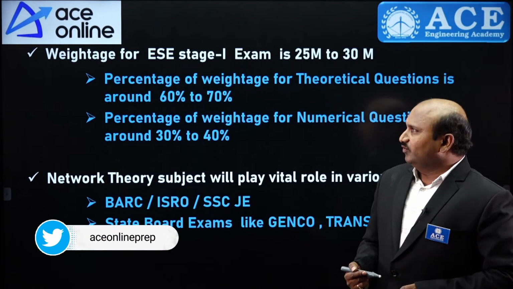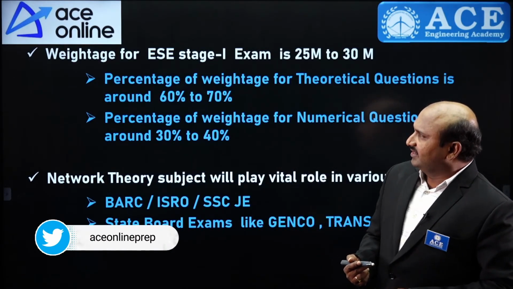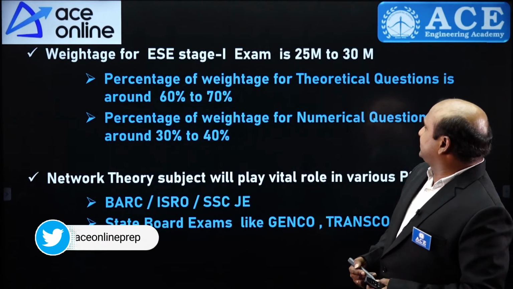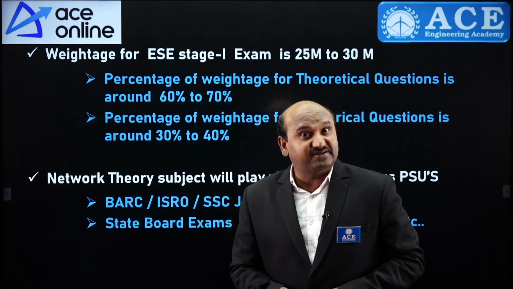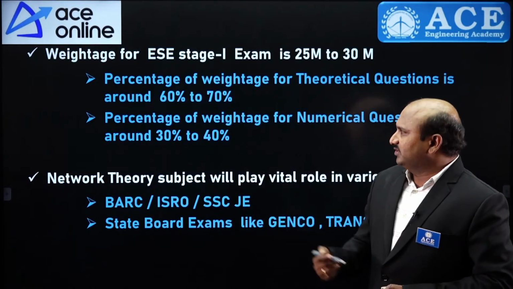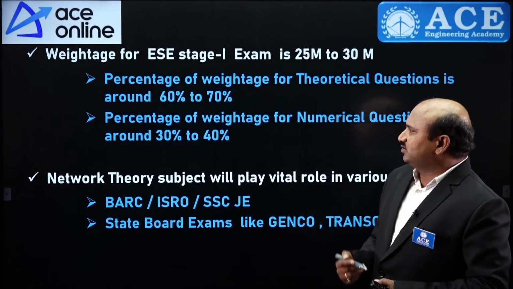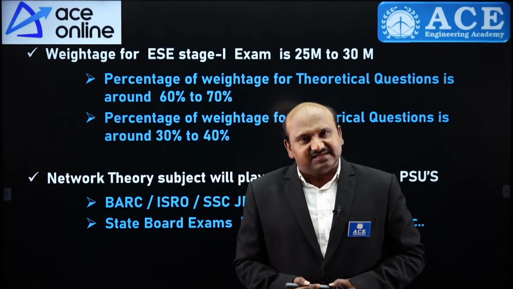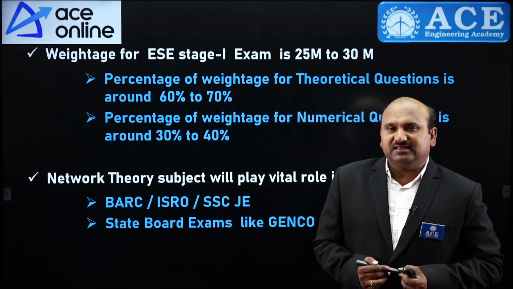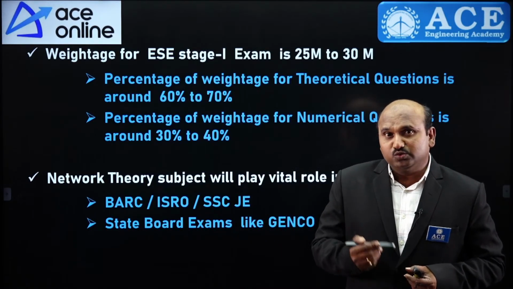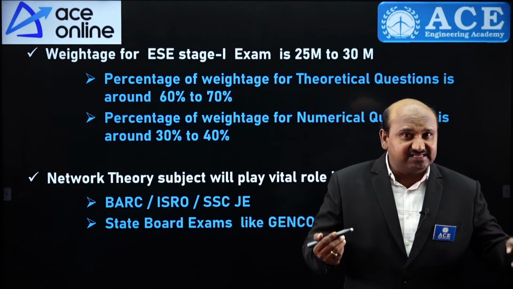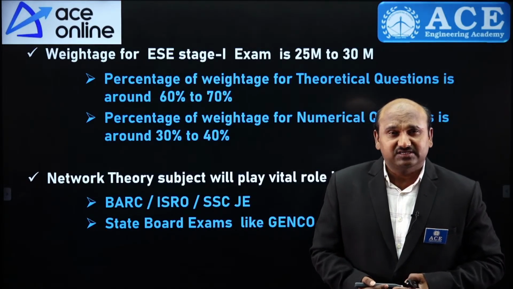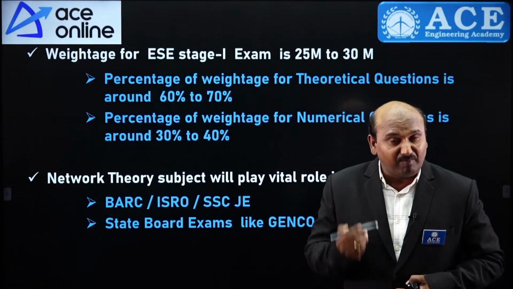One thing I would like to convey here: the weightage of theoretical questions is around 60 to 70%, while numerical questions are 30 to 40%. Guys, listen carefully, this is very important. Those who are preparing for GATE as well as ESE examinations, please keep this in mind.